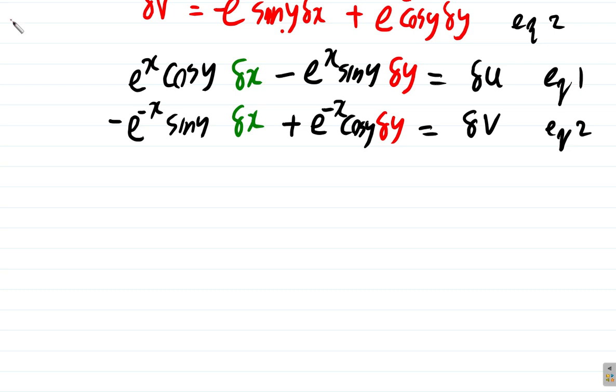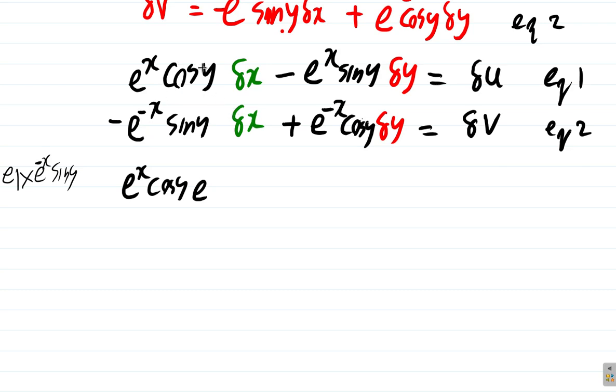So here we have equation 1 multiplied by e to the negative x cos y. What's going to happen here now? This is going to be e to the x cos y times e to the negative x, negative x, not x. It's e to the negative x cos y.